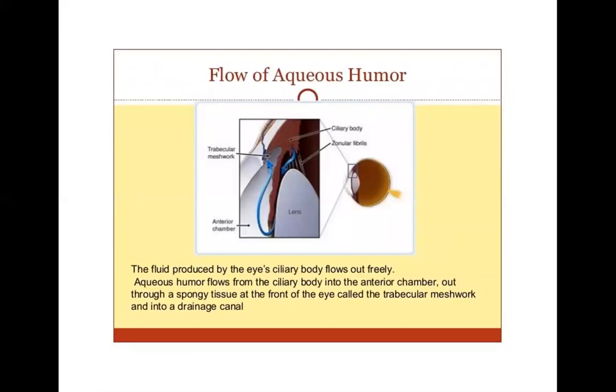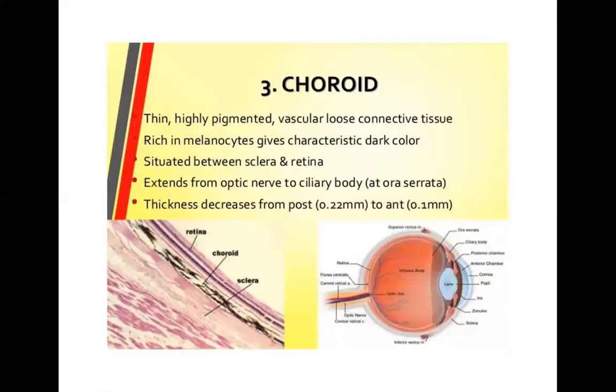So I guess we have discussed the flow of the aqueous humor that eventually drains into the canal of Schlemm. Now, the posterior aspect of the middle layer is your choroid. Now, the choroid is highly pigmented and highly vascular. This is usually rich in your melanocytes that give it its dark color.